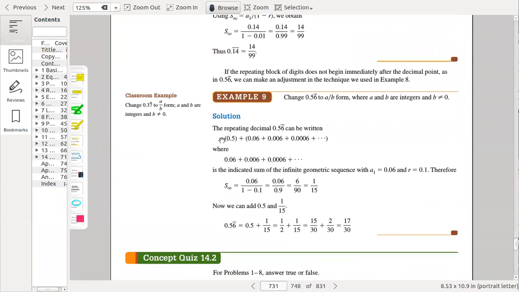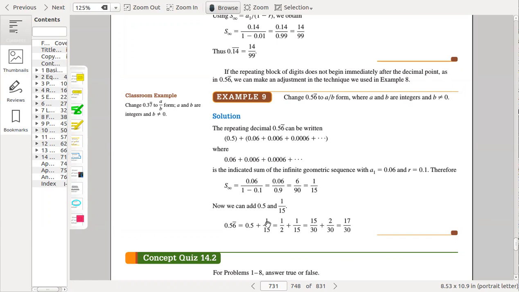The repeating decimal 0.56 bar can be written as 0.5 plus 0.06 plus 0.006 plus 0.0006 plus and so on, where 0.06 plus this is the indicated sum of an infinite geometric sequence with a1 equal to 0.06 and r equal to 0.1. Therefore, S infinite is equal to 0.06 over 1 minus 0.1, equal to 0.06 over 0.9, equal to 6 over 90, equal to 1 over 15.